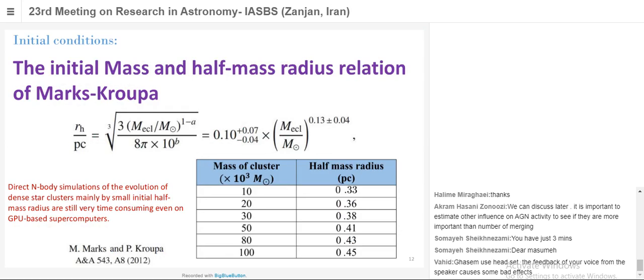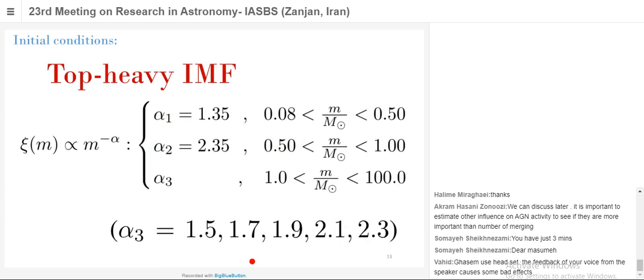For the initial size of our models, we use the Marks-Kroupa relations. Therefore, the initial size of our models is in the range of 0.33 to 0.45. As you can see, the size of our clusters is very small and it takes time to simulate the models.